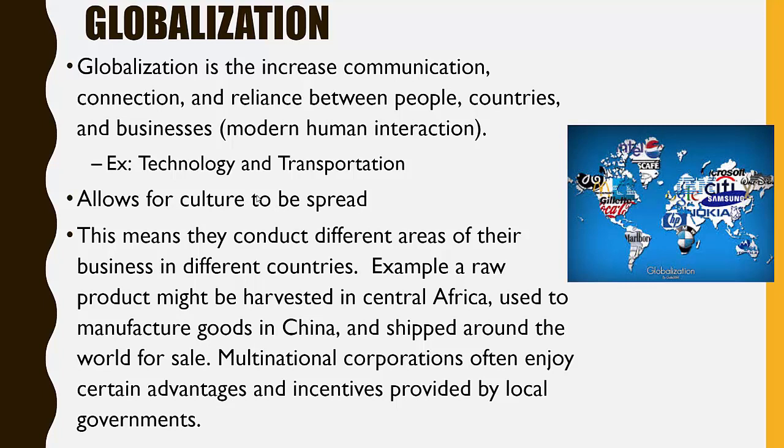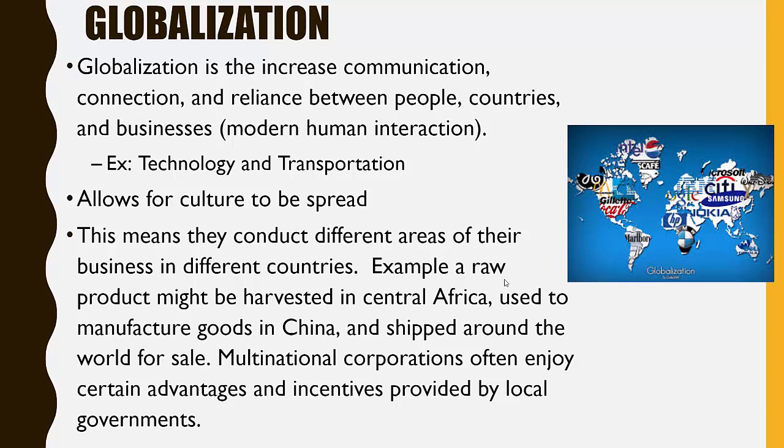You know what this means. They conduct different areas of their business in different countries. When I say they, I mean corporations. Example: raw product harvested in Central Africa is used to manufacture goods made in China, and then it's shipped around the world for sale. Now, who advances globalization the most beyond governments? Well, companies do, businesses do, corporations do, through advertising, through commercials, through products, through other media.